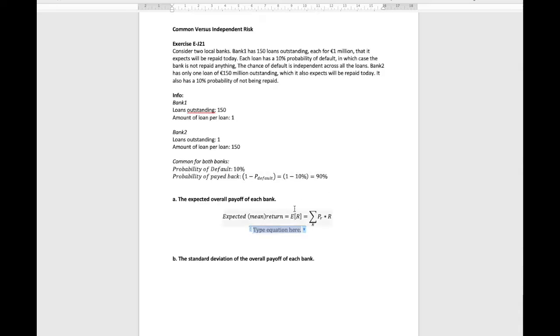So when we do this, we can just plug our numbers into the calculation.